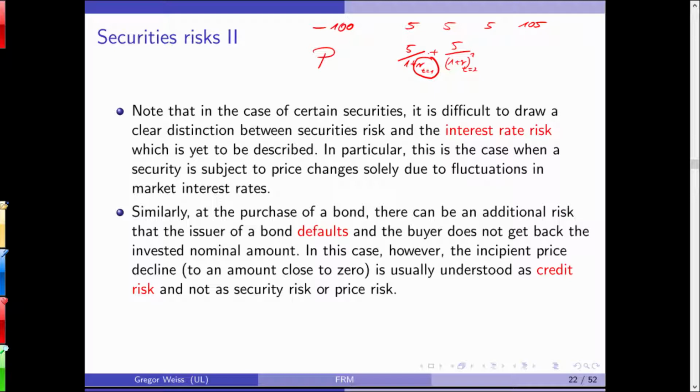But these changes are actually due to changes in interest rates. And this is why one has to be careful when distinguishing interest rate risk and market price risk. If, for example, you have a security that is risk-free, the changes in market price are solely due to changes in interest rates. So there is no distinction here between market risk and interest rate risk.